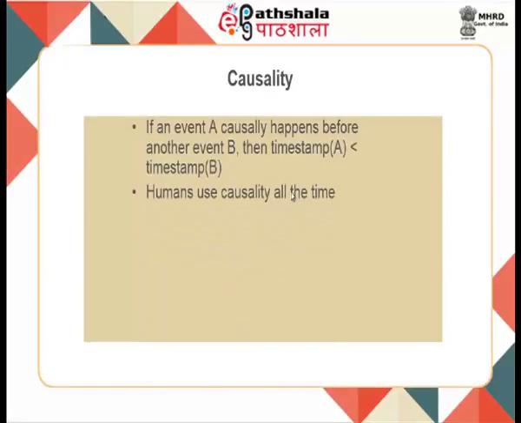We use causality in real life all the time. We say that Rina entered the class before the teacher. We do not look at Rina's clock and the teacher's clock to understand this. There are two events, Rina entering the class and the teacher starting the class, and they happened in a certain order.